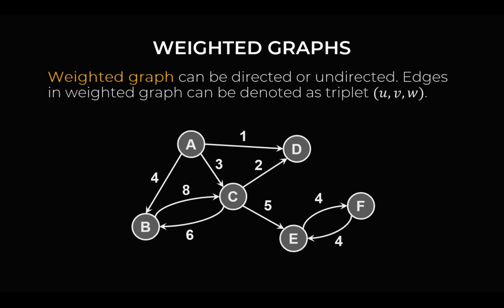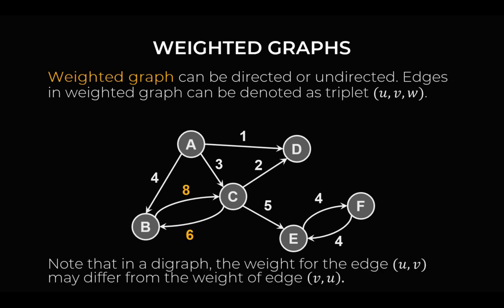Usually, weights are strictly positive. However, in some cases, they might be negative. A negative weight could represent the energy used to go from state A to B, whereas a positive weight represents the energy produced to go from state B to A. In some graphs, the weight for the edge UV may differ from the weight of edge VU.